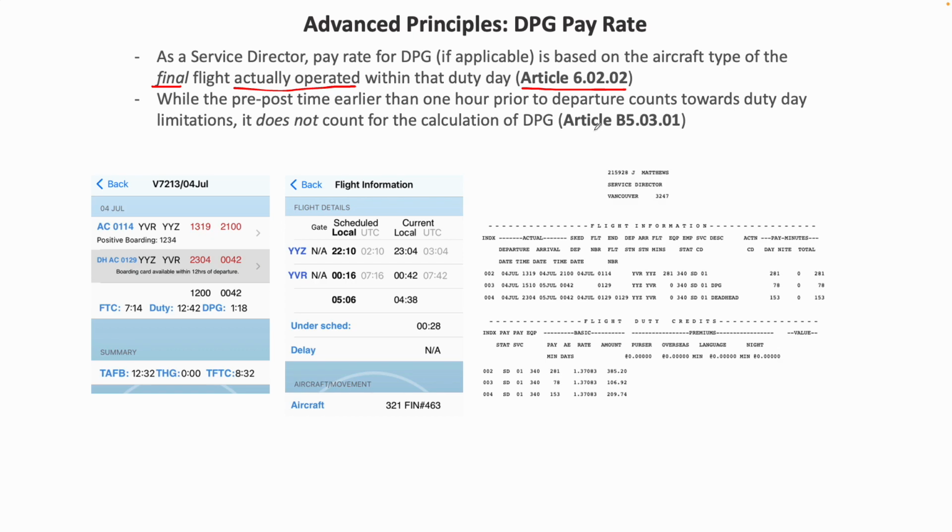Let's use a recent example pairing that I have here. We have V7213 on July the 4th. For the first leg, so that would be 114 from Vancouver to Toronto, this was operated on an Airbus 330.